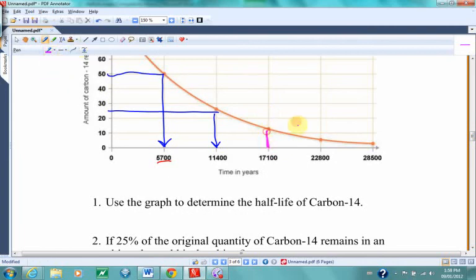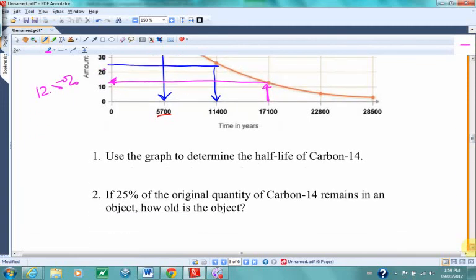And then we draw a line back over here. 17,000 years, that is going to be approximately 12.5%. So how did I know? Half of 25 is 12.5%. So we will have 12.5% of carbon-14.